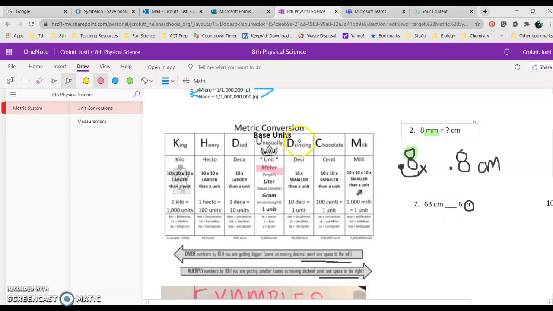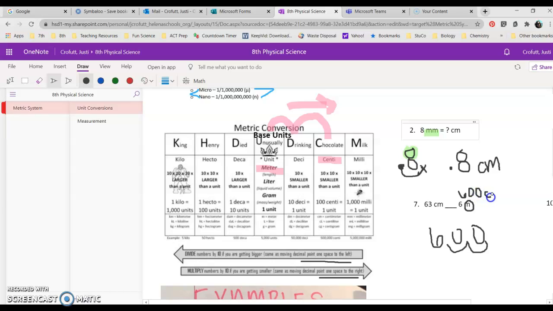It's asking me to find centimeters, and centimeters is right there. So I'm moving my decimal 1, 2 to the right. I have 6 meters, and I move it 2 to the right: 1, 2. So 6 meters is equal to 600 centimeters.